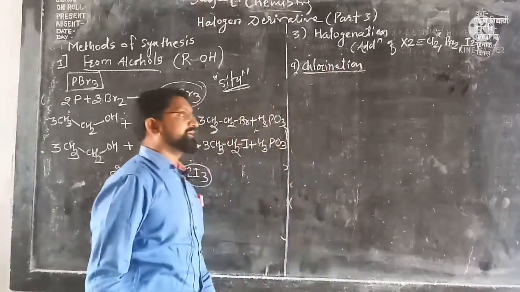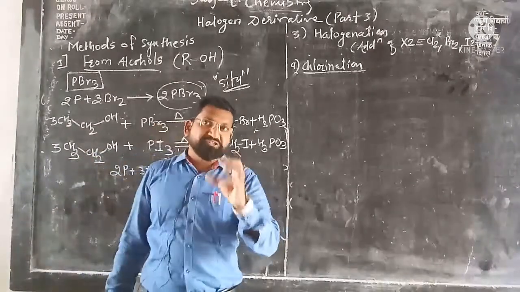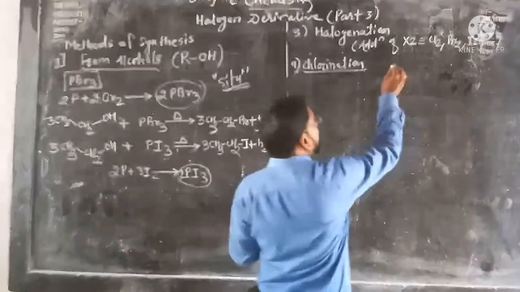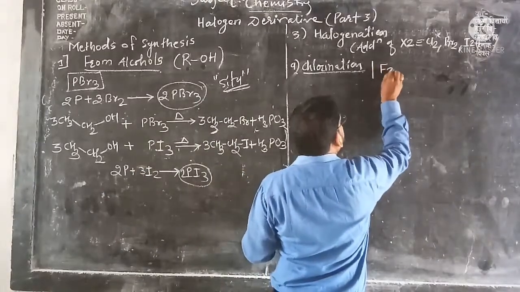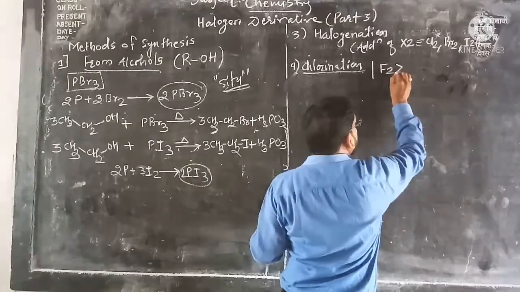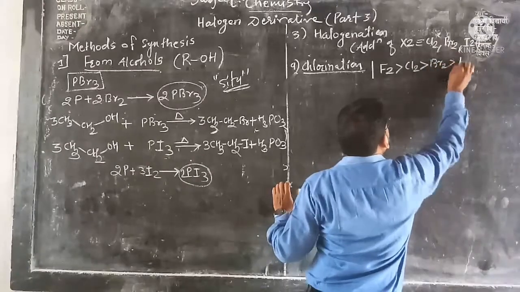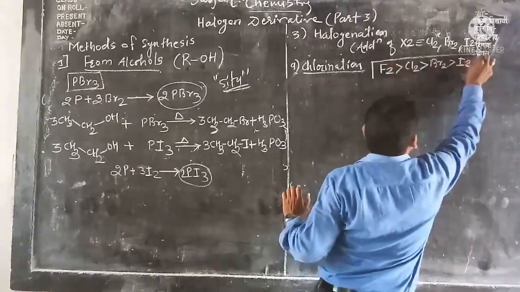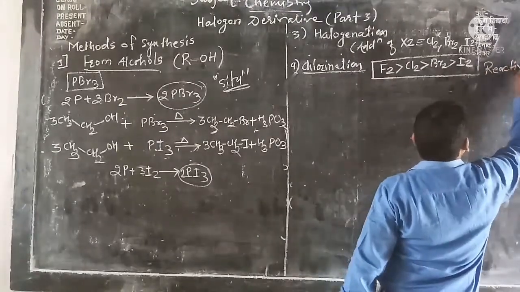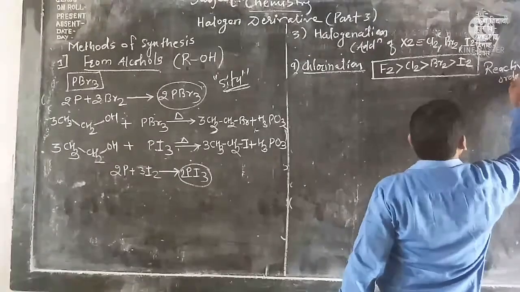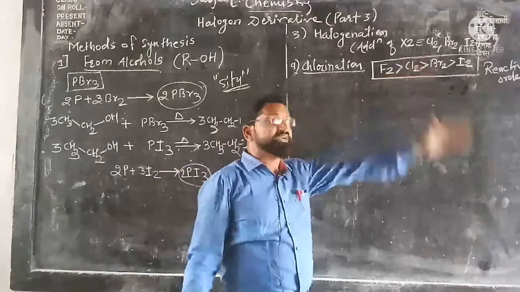Before that, the reactivity of halogenation towards the alkane is like this: F2 is highly reactive, after that Cl2, after that Br2, and after that I2. So this is the reactivity order. Remember what I am saying. In this manner the reaction will take place.